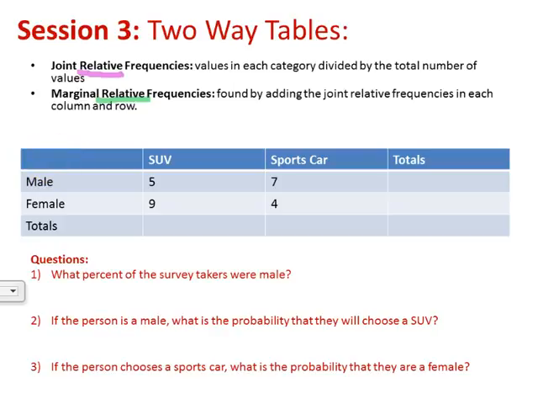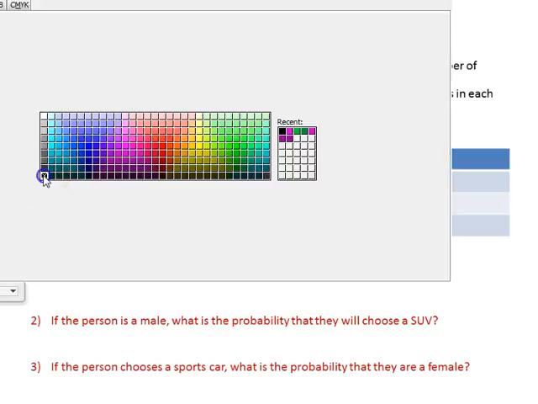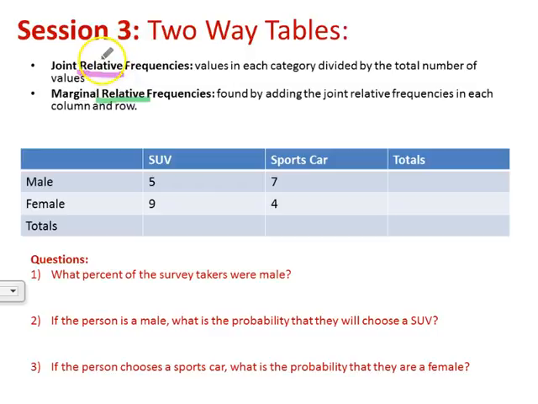It's added here. And the term relative really is a way for us to focus on the percentages or ratios of each value. So we know that joint relative frequencies are all the entries that are the body of our table, and then the marginal frequencies focus on the totals, but now we're adding relative in here.